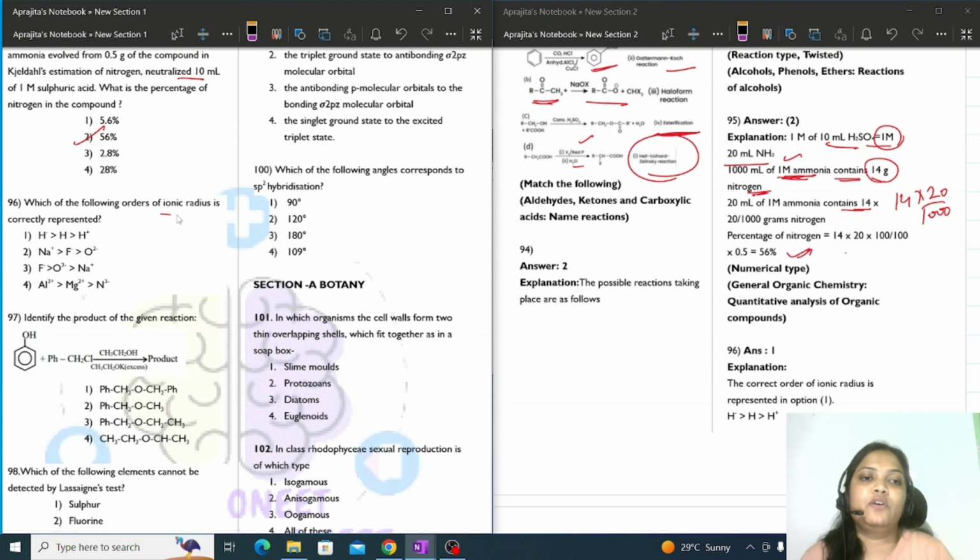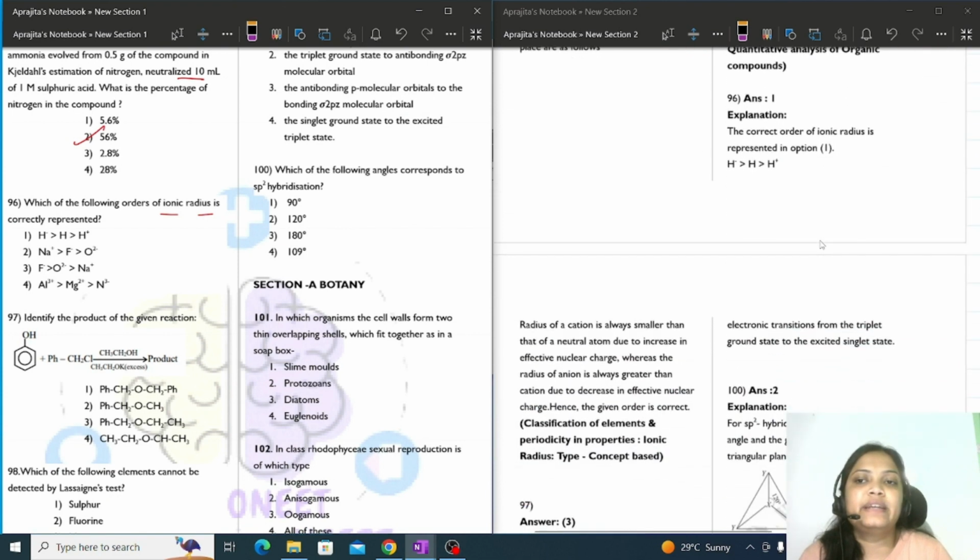Next is 96. Which of the following orders of ionic radius is correctly represented? So we know that the radius of the cation is always smaller than the radius of the neutral atom because of increase in effective nuclear charge, and the radius of an anion is greater than the neutral atom because of decrease in effective nuclear charge.